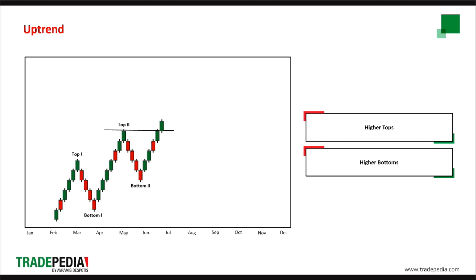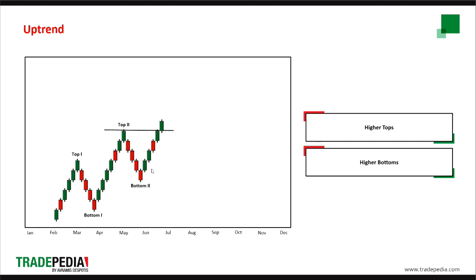So this is how we identify a confirmed uptrend. Now, from the moment I have an uptrend, do you guys have any idea until when prices will continue to go up? From the moment I have a confirmed uptrend, I assume that prices will continue to go up forever.